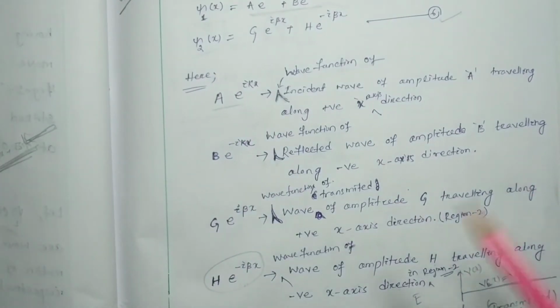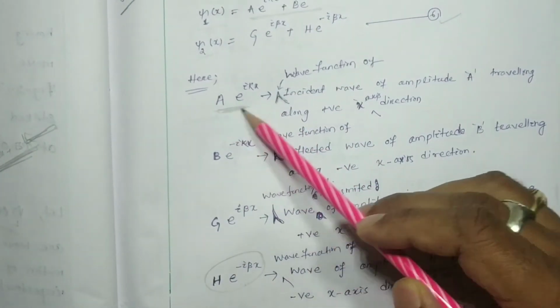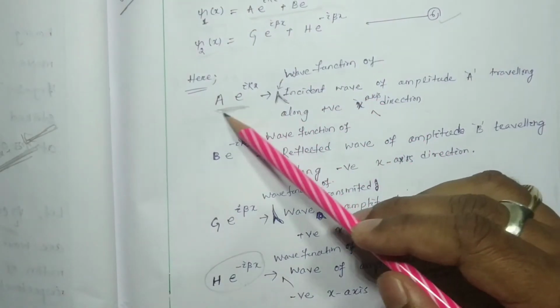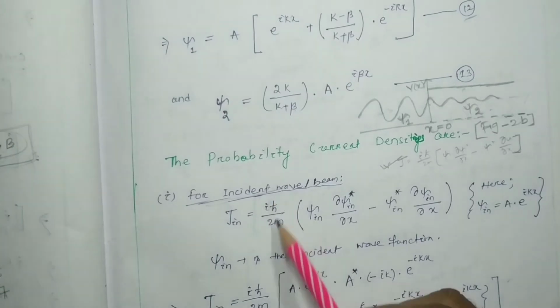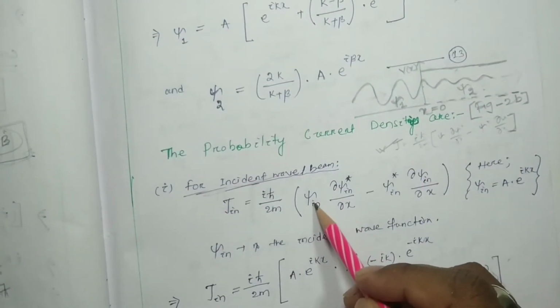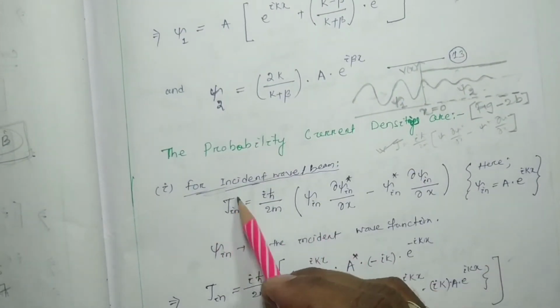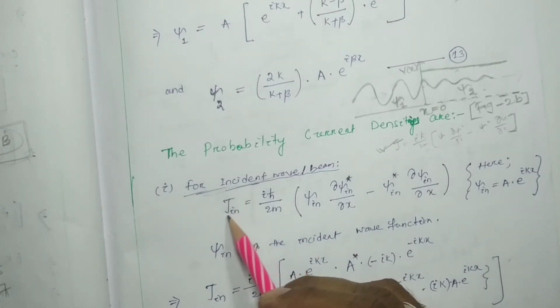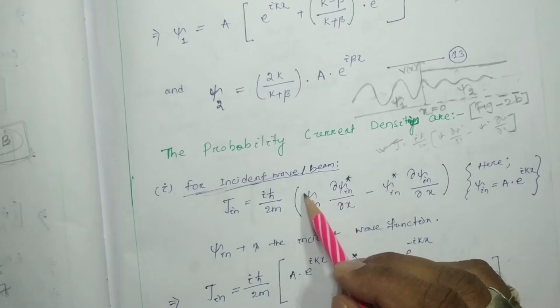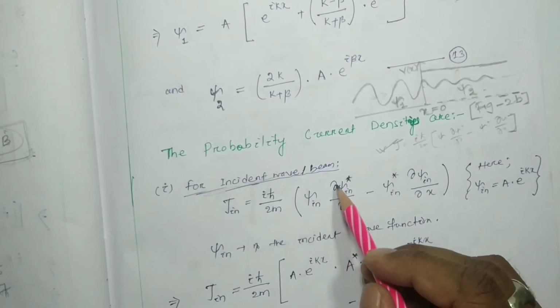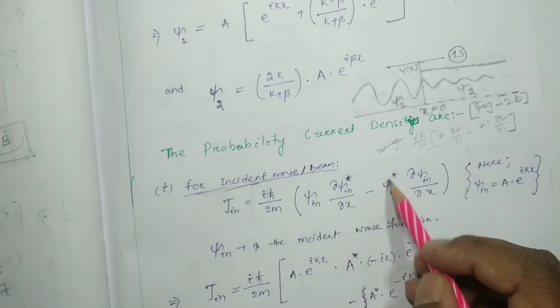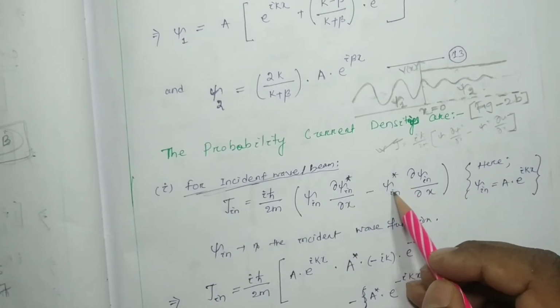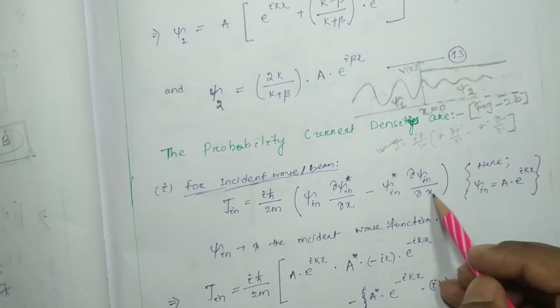So now we are going to use this wave function to find the probability current density due to the incident wave. So this will be i h cross by 2m, with psi in as the subscript. Here J in means the probability current density of the incident wave. So it will be psi in del psi in star by del x minus psi in star del psi in by del x.